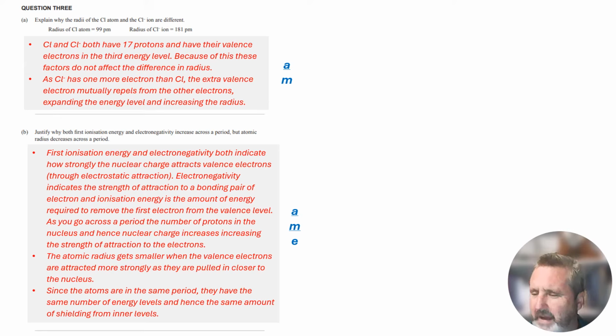You need to talk about the number of protons and the electrostatic attraction between the nucleus and the valence electrons. It says here as well that they want us to talk about the energy levels and the shielding, but remember this is what is not affecting.